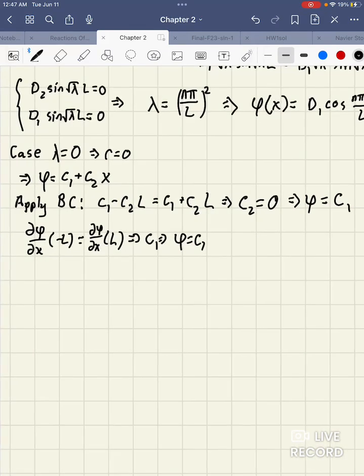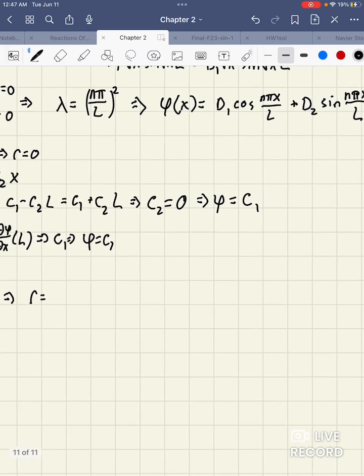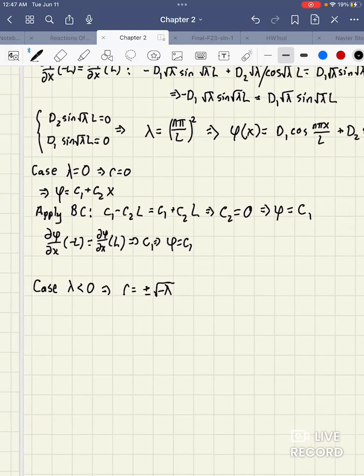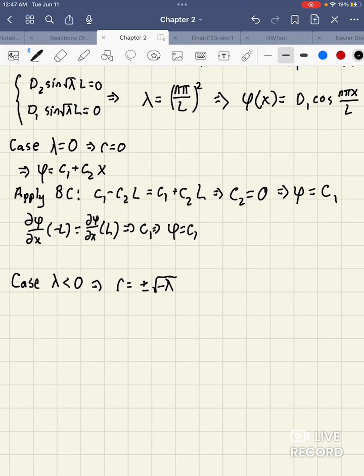So now let's look at the case where lambda is negative. Now therefore my r is equal to plus or minus square root of negative lambda. Now if I apply my ansatz, my phi is just equal to c1 e to the square root negative lambda x plus c2 e to the negative square root negative lambda x.